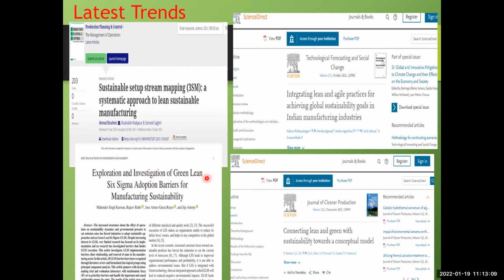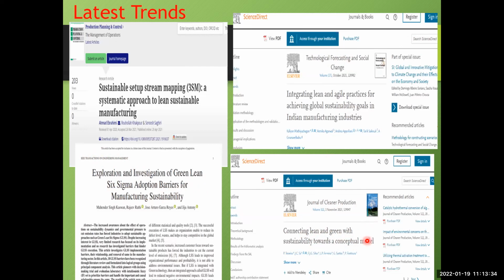An investigation of Green Lean Six Sigma adoption barriers for manufacturing sustainability, again in IEEE Transactions on Engineering Management, a top-notch journal. Technological Forecasting and Social Change, again a very top quality journal. And see again the Journal of Cleaner Production: connecting lean and green with sustainability towards a conceptual model.